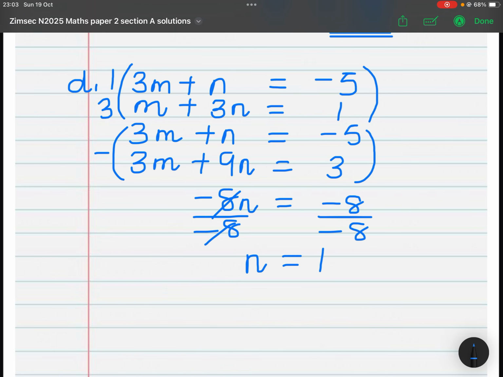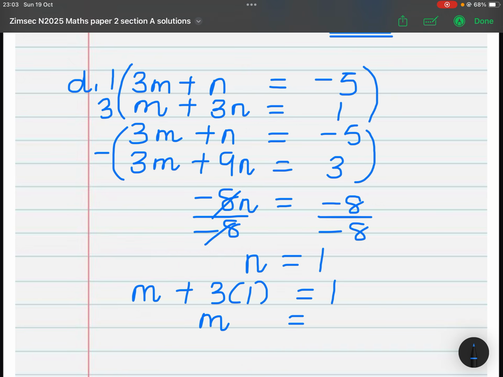So we can substitute this value in any of the equations. Let's say I decide to substitute it in the second, I'm going to say m plus 3. I substitute 1 on n, and I say this is equal to 1.